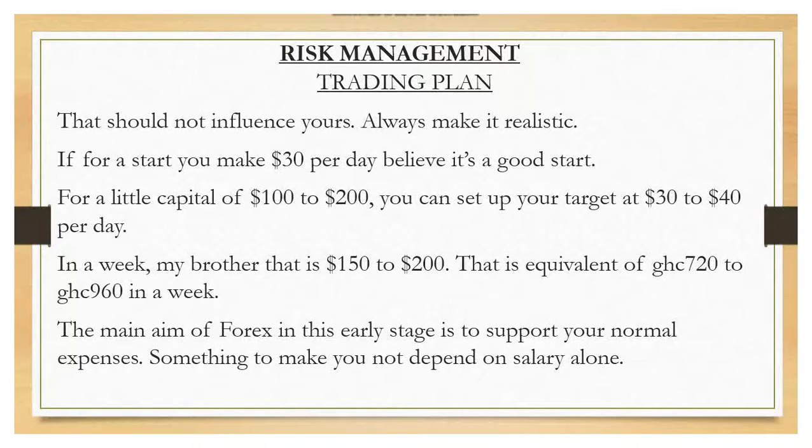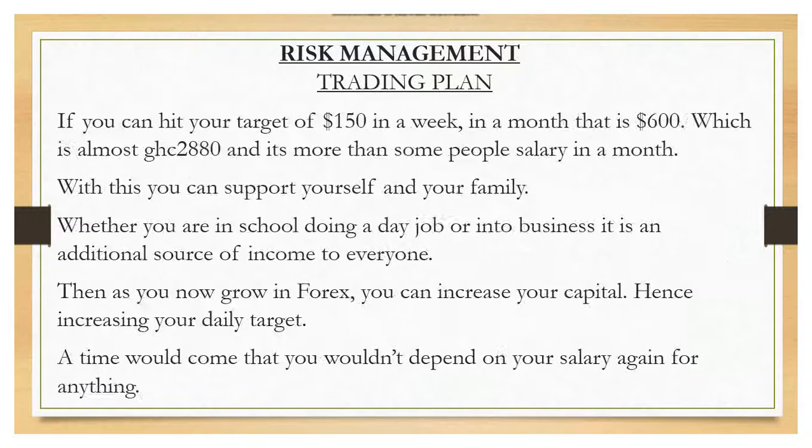The main aim of forex in this early stage is to support your normal expenses, something to make you not depend on salary alone. If you can hit your target of 150 in a week, in a month that is 600. With this, you can support yourself and your family.